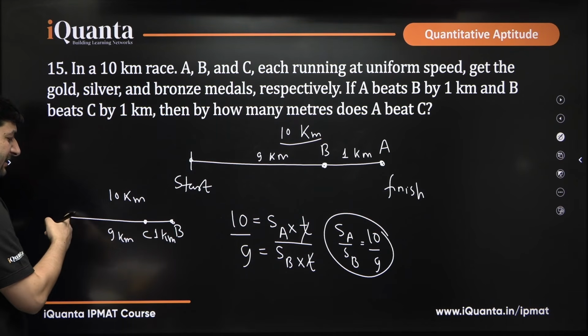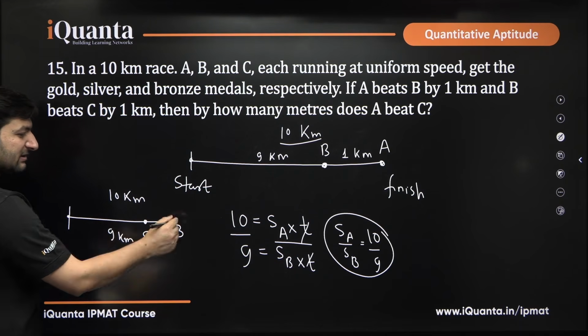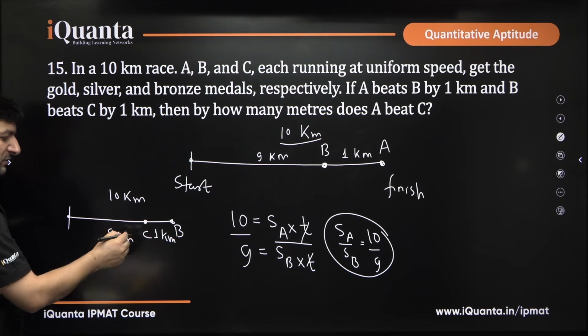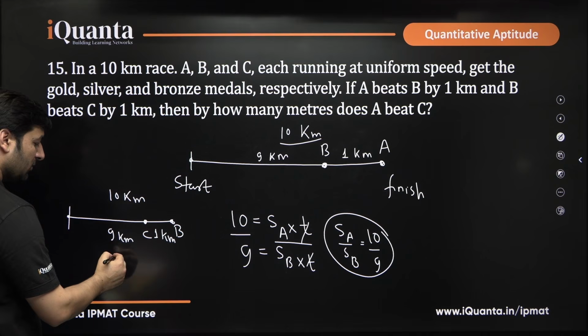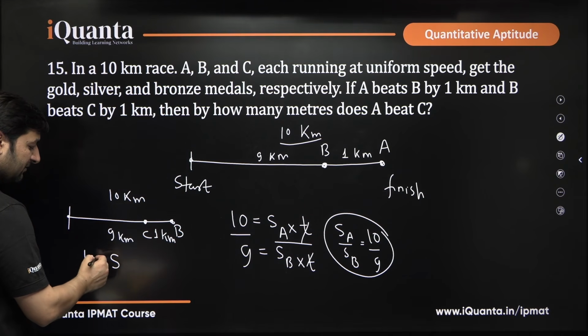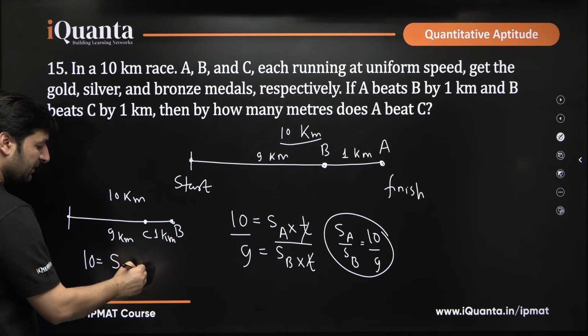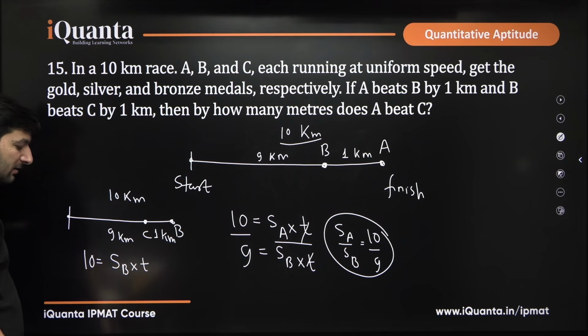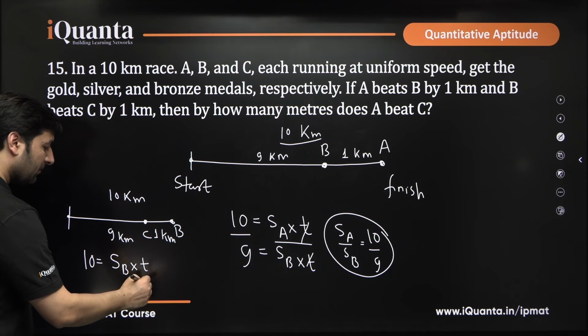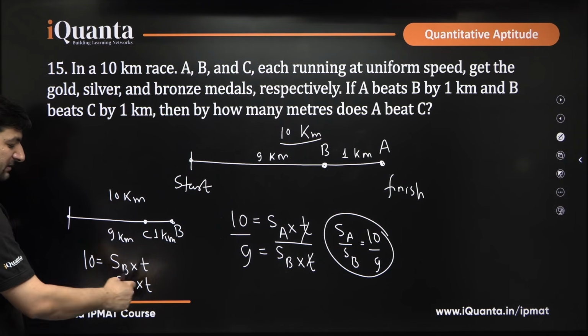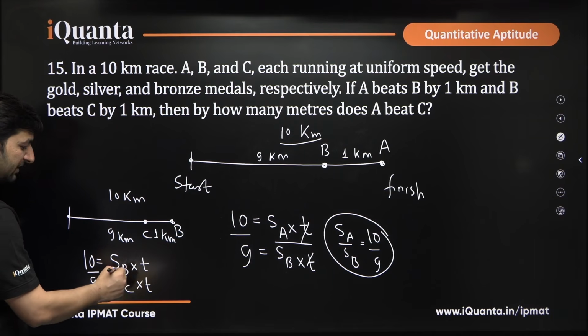Can I again say that in the same time when B and C started, B could reach the finish while C was short by 1 kilometer? So distance 10 is covered by B, speed of B into time taken by B will be T, and in that same time at C's speed, C could travel how much? Just 9. So if I divide both, T cancels.